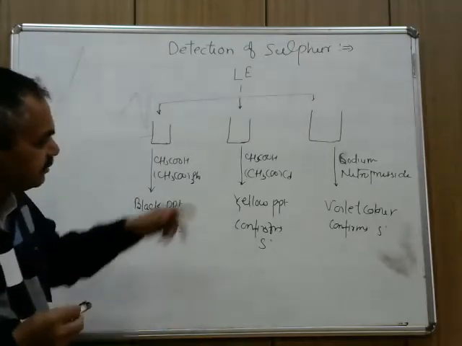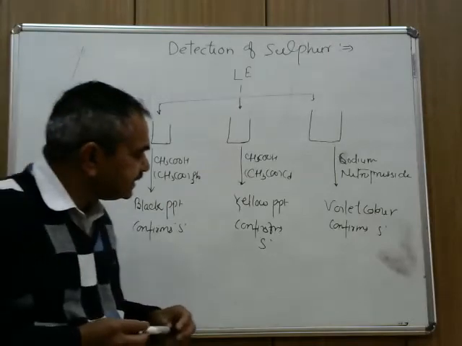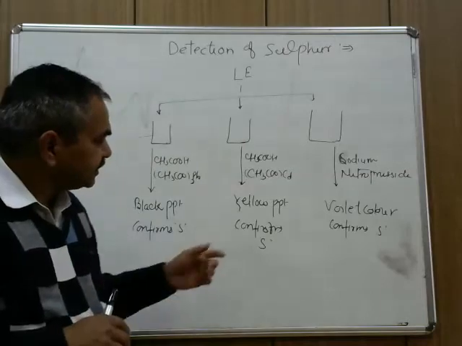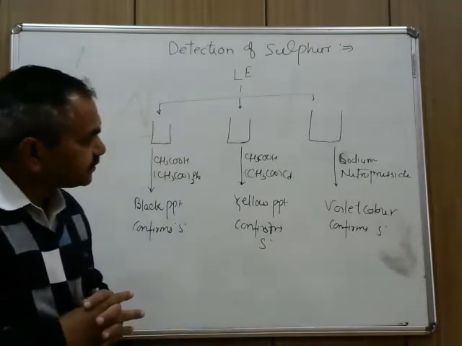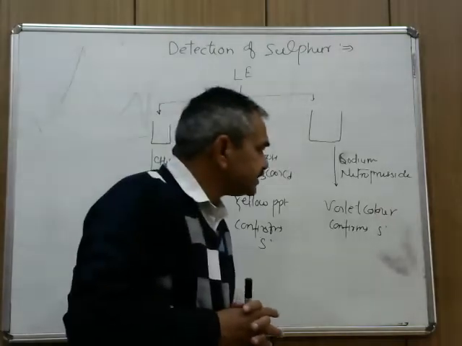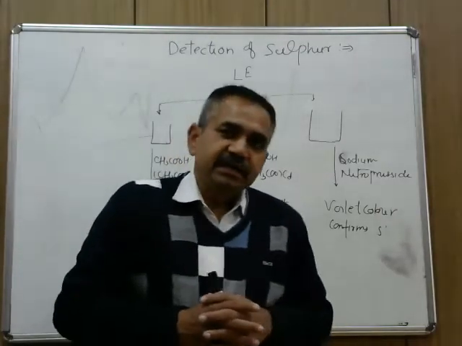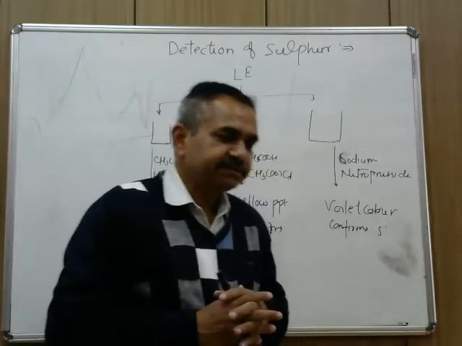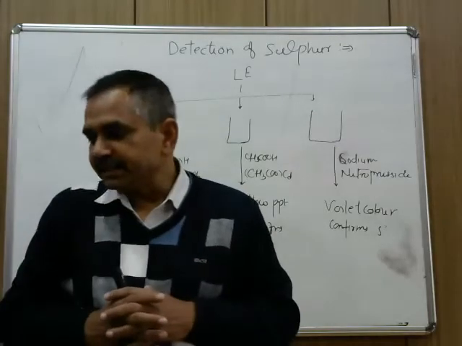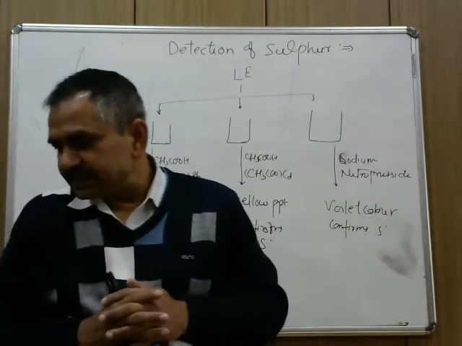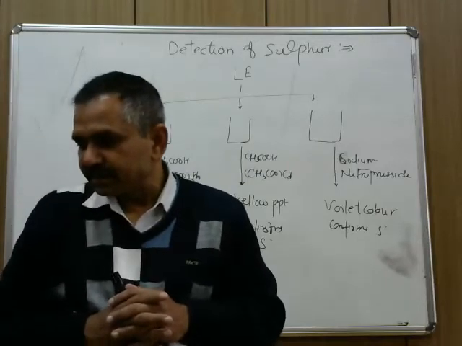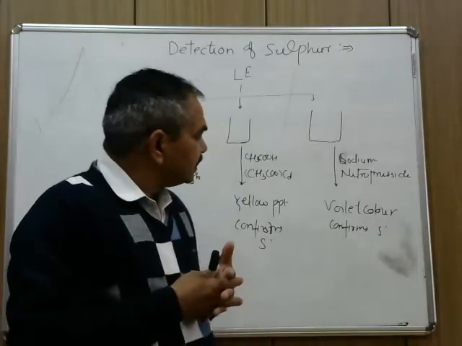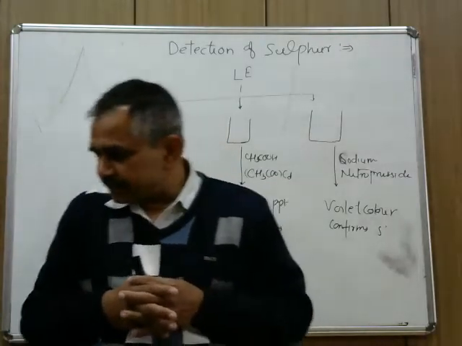In the next test tube, a little acetic acid and cadmium acetate is added. Formation of a yellow colored precipitate confirms the presence of sulfur. And finally to the third test tube, a little sodium nitroprusside is added, and formation of a violet coloration confirms the presence of sulfur. So this is the procedure that we apply.